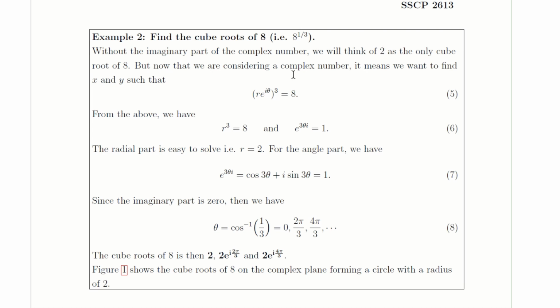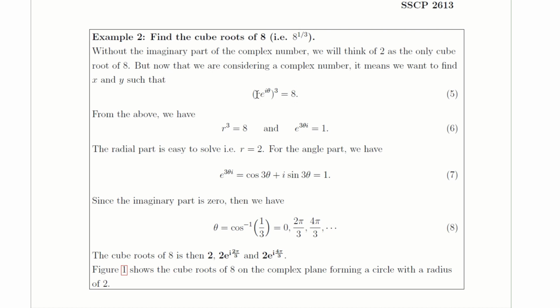Here what we want is to write the complex number in polar form, and r e^(iθ) you're going to take to the power of 3, and this will equal 8. On the right-hand side, this is a real number.